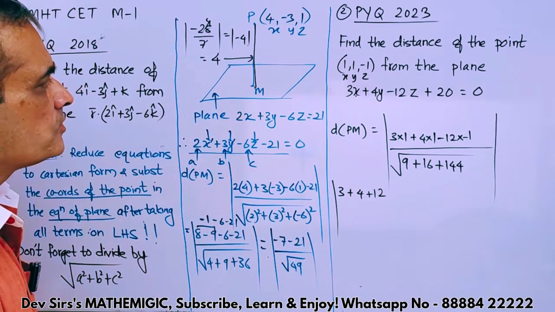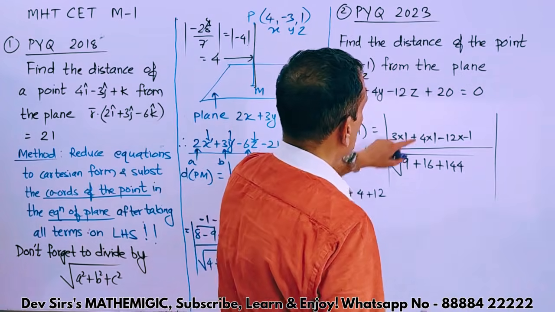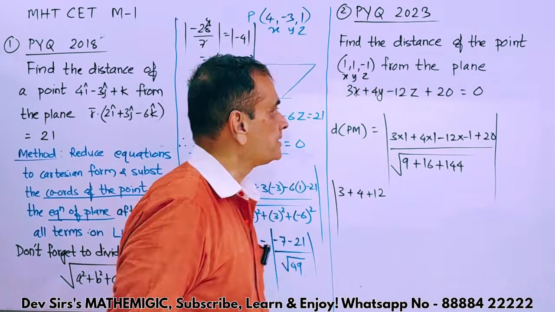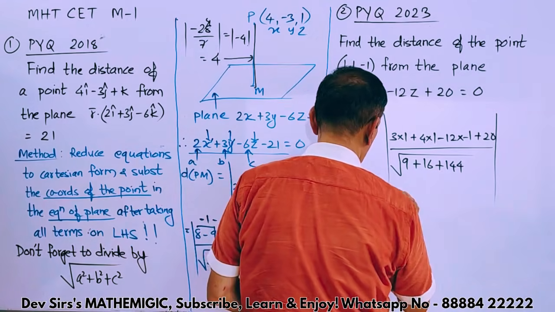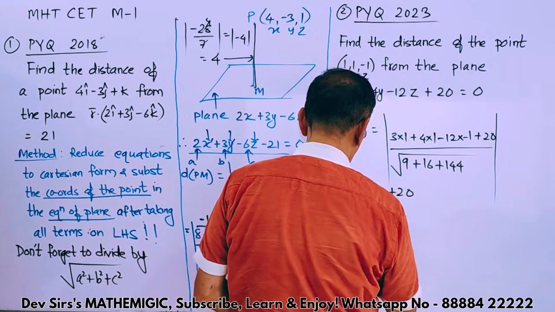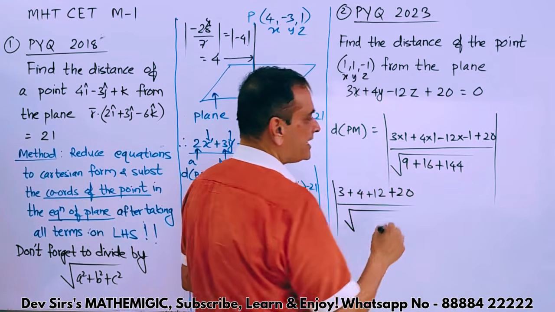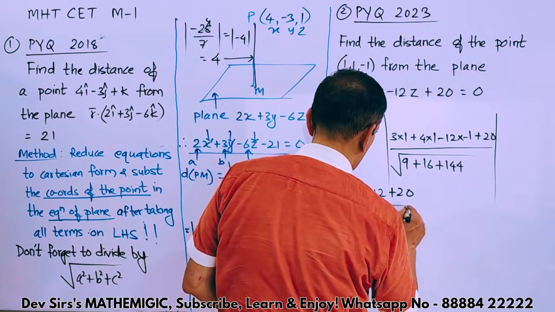Sorry, something is going wrong. I forgot one thing. Plus 20. That term should also be included. Plus 20. 16 plus 9, 25, plus 144, 169.